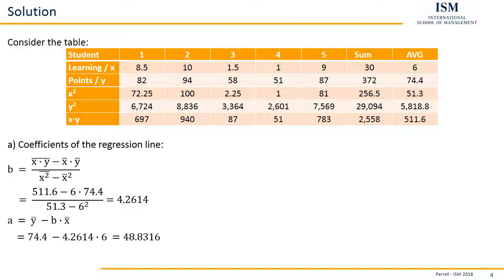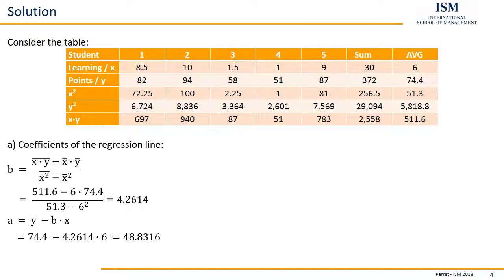So what do those two values mean? With this question we're already at part B. It makes sense to consider the intercept first, because the intercept says that if we have someone who did not learn at all, so learning hours are 0, he will still get 48.8, so roughly 49 points in this exam.